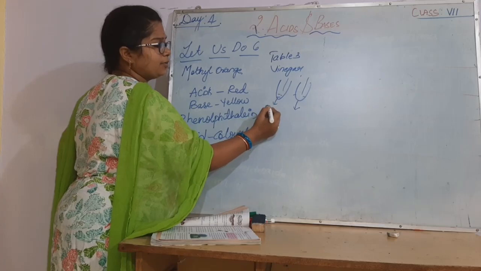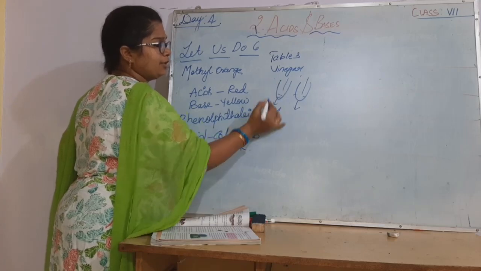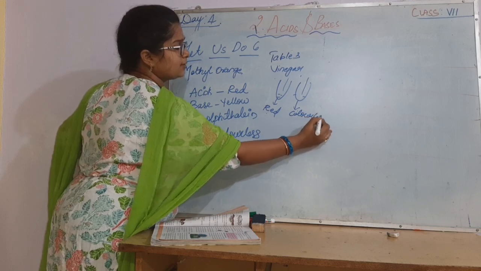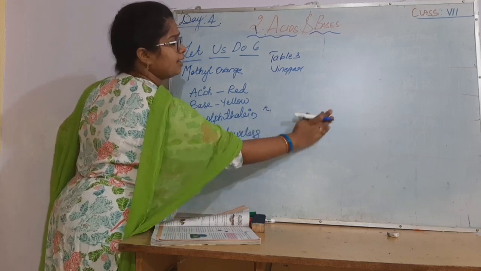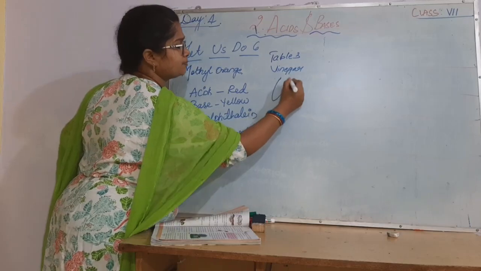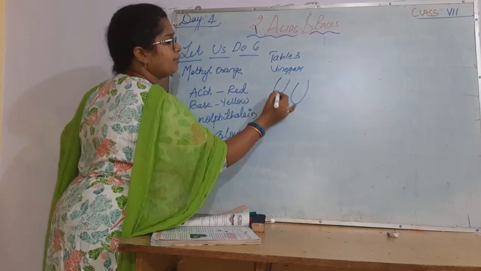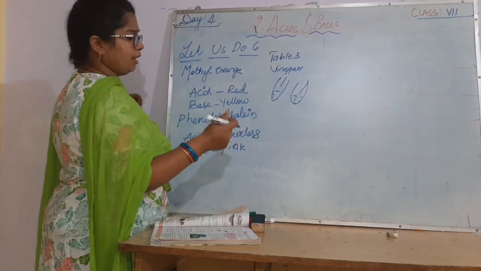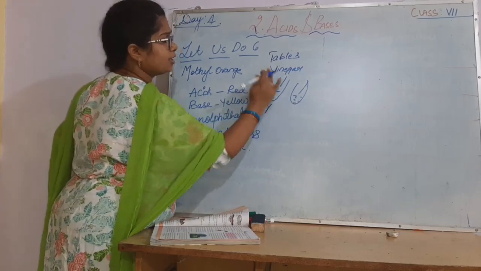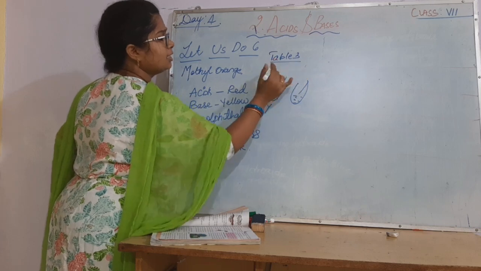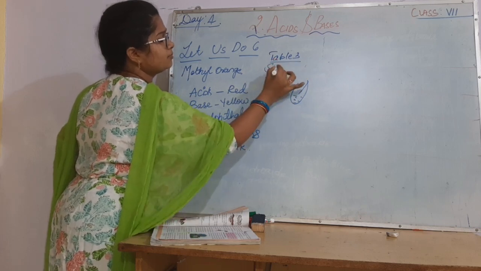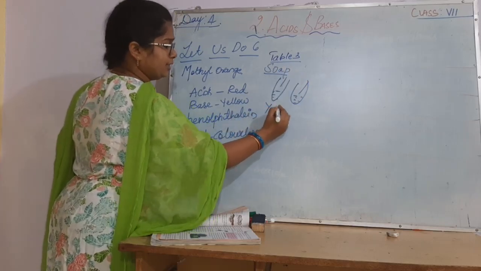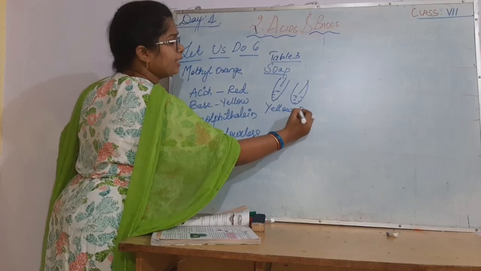Methyl orange turns red in color and phenolphthalein solution stays colorless. In a base, say soap water, if you add methyl orange and phenolphthalein solution with the dropper, then what happens? In soap water, methyl orange will be yellow in color and phenolphthalein turns pink in color.